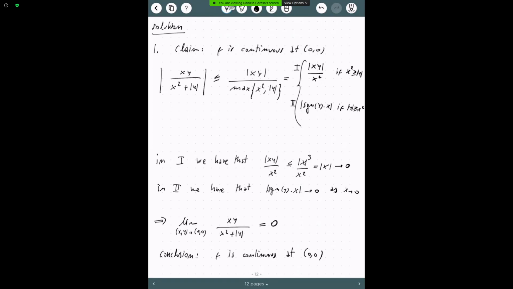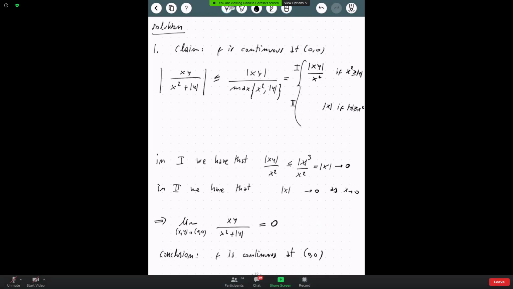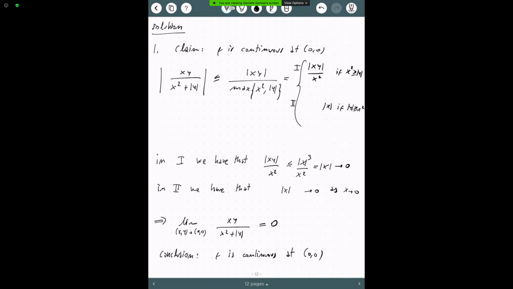So I can actually remove that, it doesn't make any contribution. In the end we have xy divided by modulus, you can write it as less or equal, and then you simplify, and you just get the modulus of x.